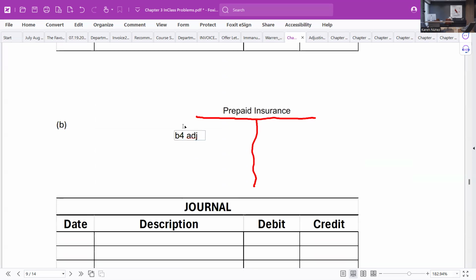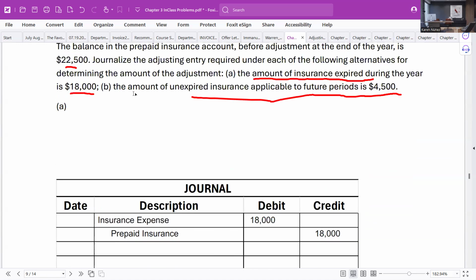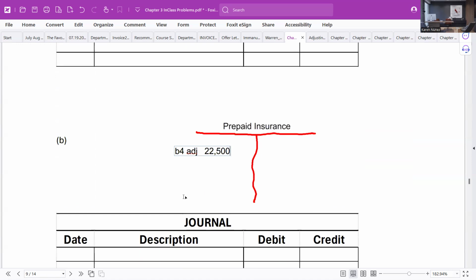So we have a balance of 22,500 before we do anything. But we get to the end of the year, and in part B, it says the balance that's applicable to future periods is only 4,500. So that means the balance in this account should only be 4,500, which means we need an adjustment, right? We need an adjustment to get it from 22.5 to 4,500.